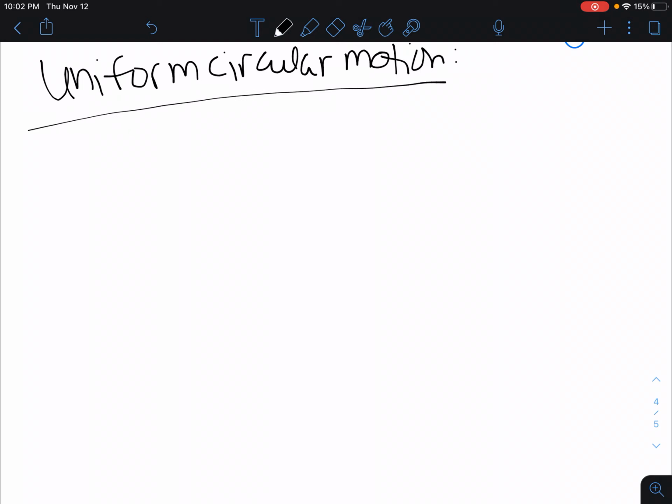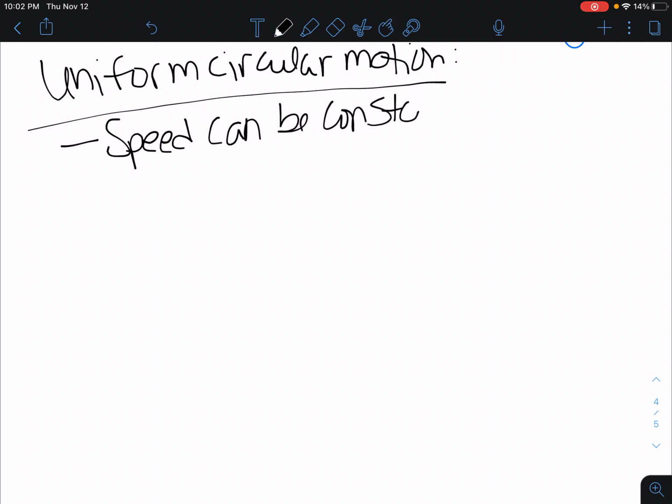Okay, so in uniform circular motion, we'll talk a little bit more about speed sometimes, okay? So with uniform circular motion, speed can be constant. All right, remember speed does not have a direction, so speed can be constant.